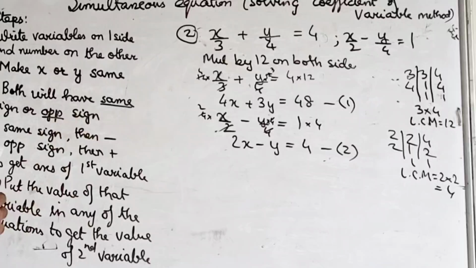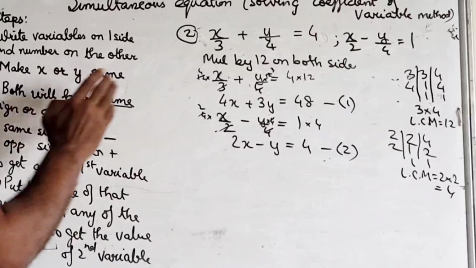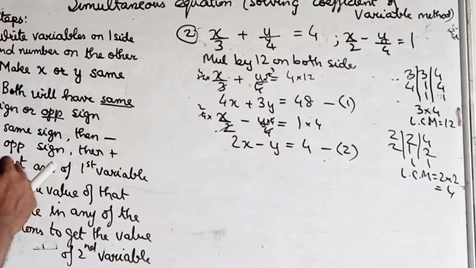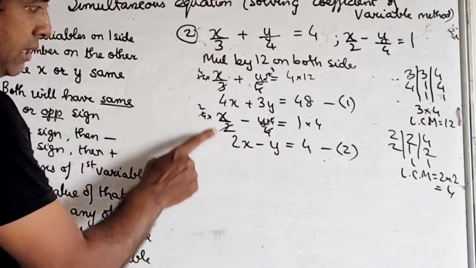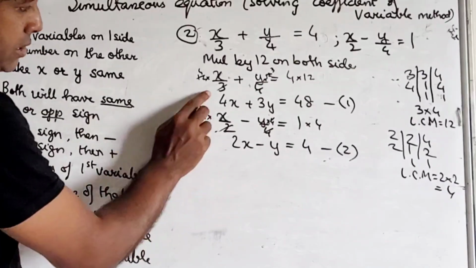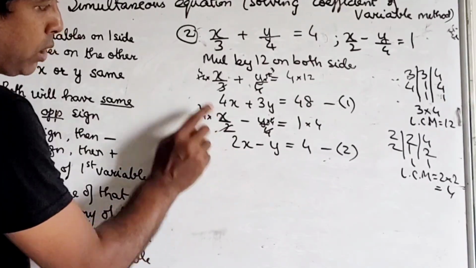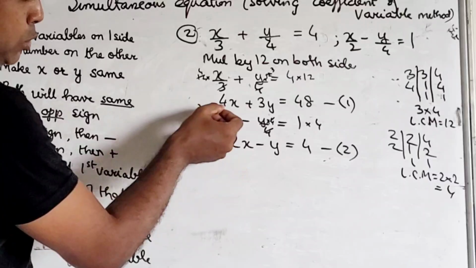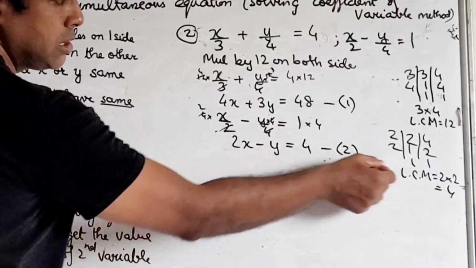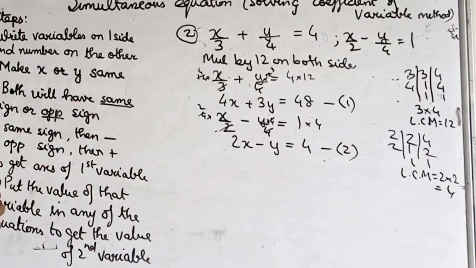So once we have got the equation, now again the same thing as I told you, you need to make the second step x same or y same. Now how can we make, if I want to make the x same, as you can see 4 and 2 come in the table. So to make this 4, you just multiply this equation by 2 and your work will be done.